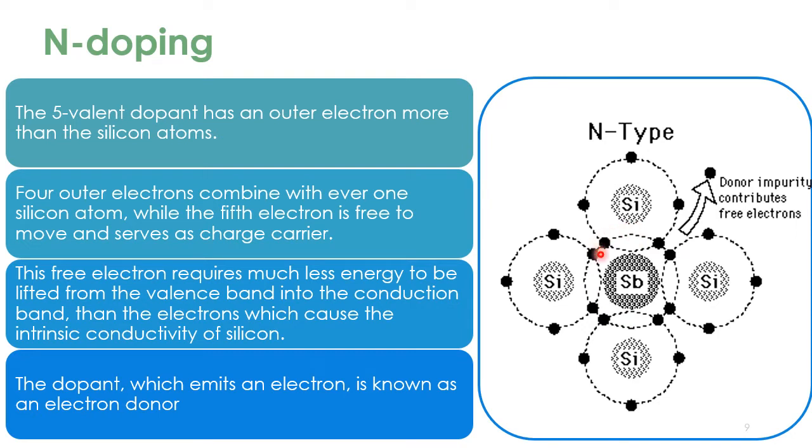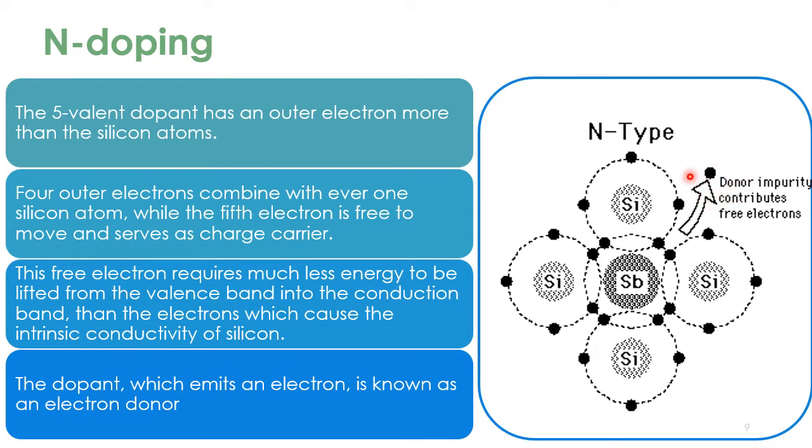So after pairing with the silicon atom, there will be 1 electron that is free and cannot be paired with the silicon. So 4 outer electrons combine with the silicon, and the 5th electron is free to move and serve as a charge carrier. This free electron will be the charge carrier for the electricity.